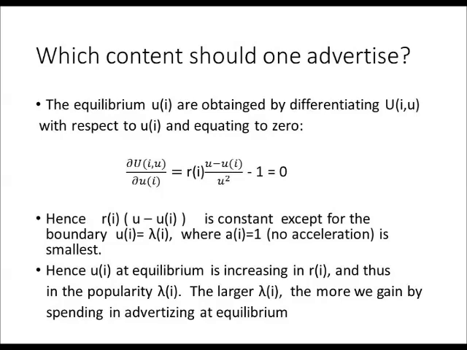And this means that we accelerate more for those contents that are more popular, because Ri is proportional to lambda I. It is also increasing in M, proportional to M, which means that there is more incentive to advertise if the potential interested population is larger.